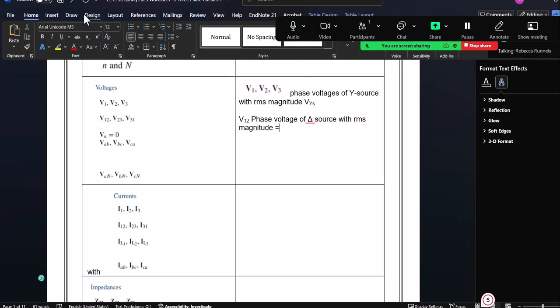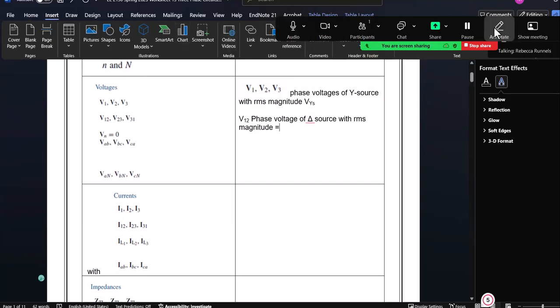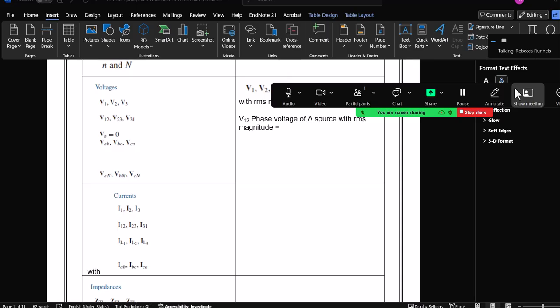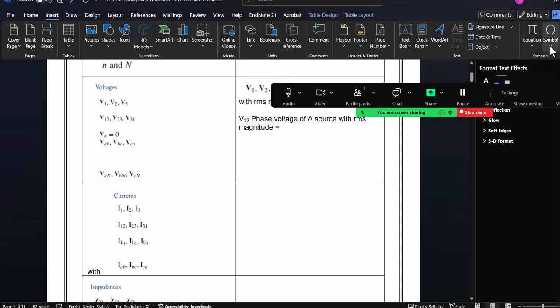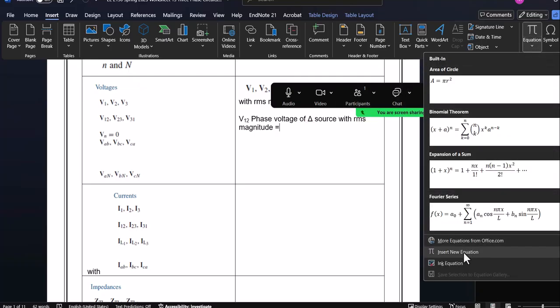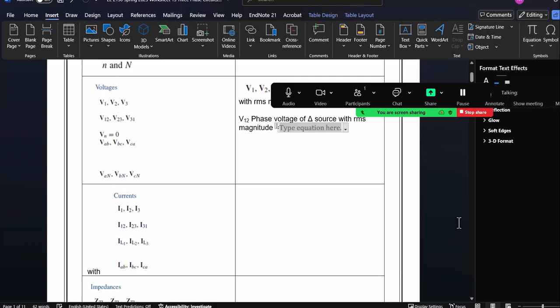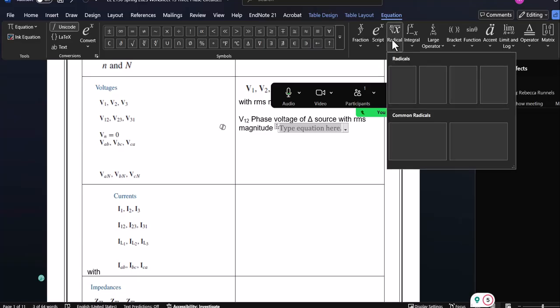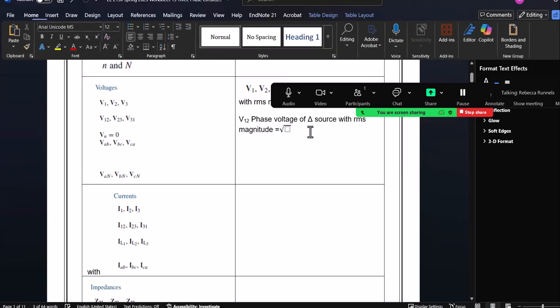unfortunately, I don't have a language that has a square root alphabet. I'm just going to type square root. If you do Windows period, it brings up a list.